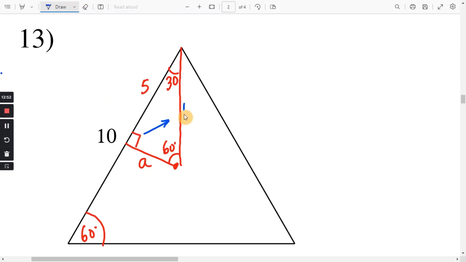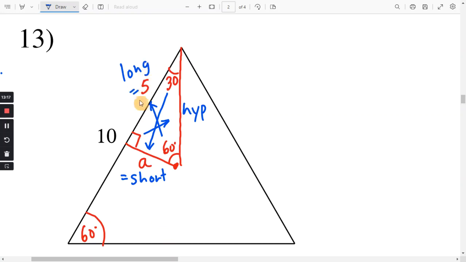That's your hypotenuse. You go across from 30, and that's your short. And finally, you go across from 60, and that's your long side.